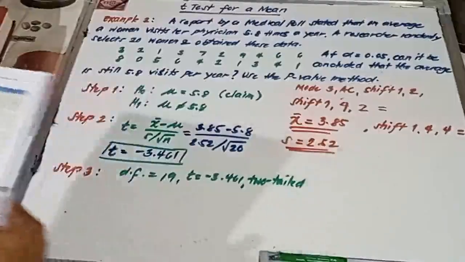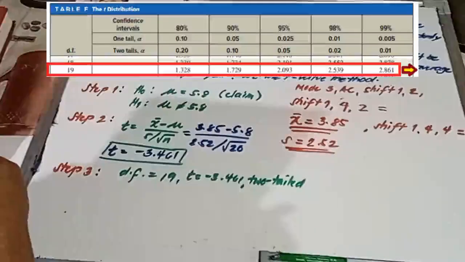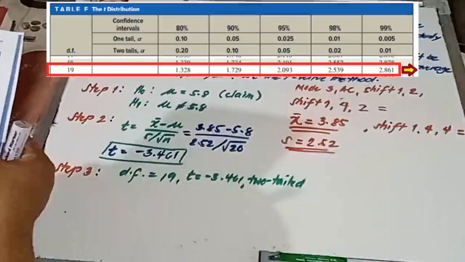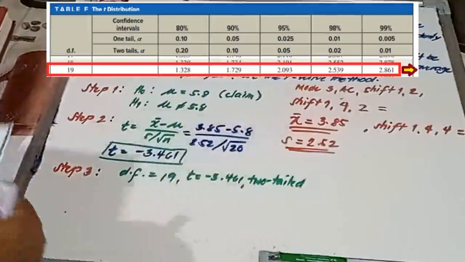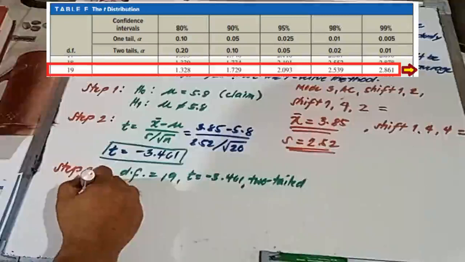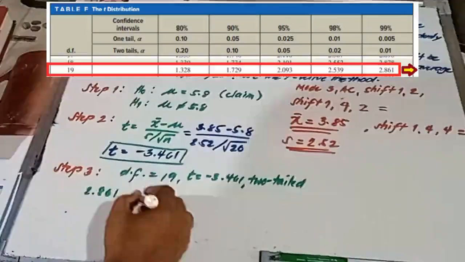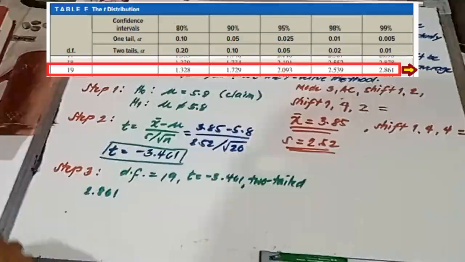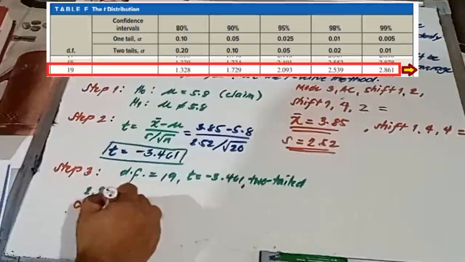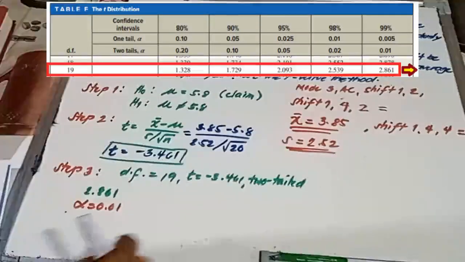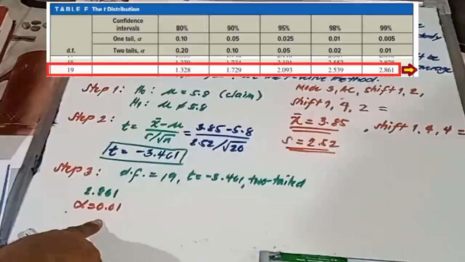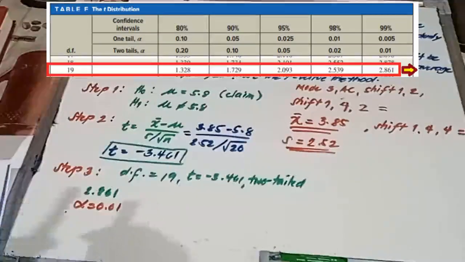Hanapin natin yung malapit sa 3.461 and degrees of freedom is 19. So, lampas siya. Okay? 2.861. Yun ang pinakamalaki. So, sa 2.861, ang alpha nito is 0.01, two-tailed. Ibig sabihin, ang area pa nito is to the right of 0.01. Okay? Mas lesser pa.